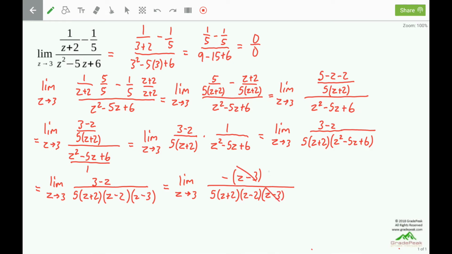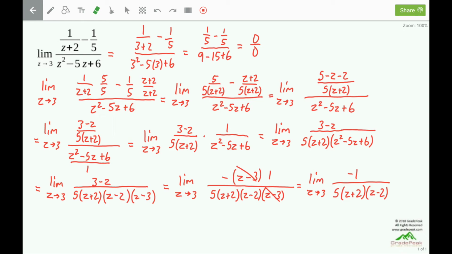We will go ahead and do that, leaving a negative 1 in the numerator. We should no longer have the 0 over 0 indeterminate form. We actually have a negative 1 divided by 5 times z plus 2 times z minus 2.